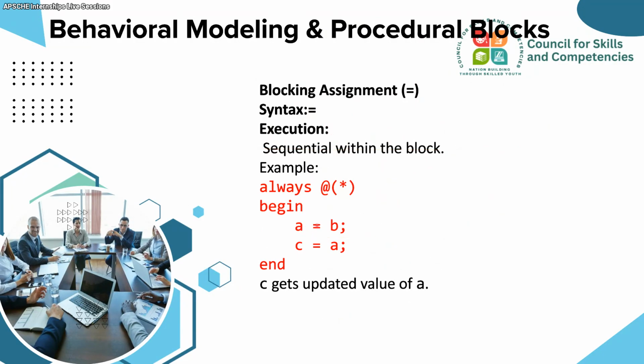If you use a blocking assignment, it will be sequential. So C gets the updated value of A. Only after this executes, this will get executed. It is not a parallel execution. So blocking is a sequential execution.